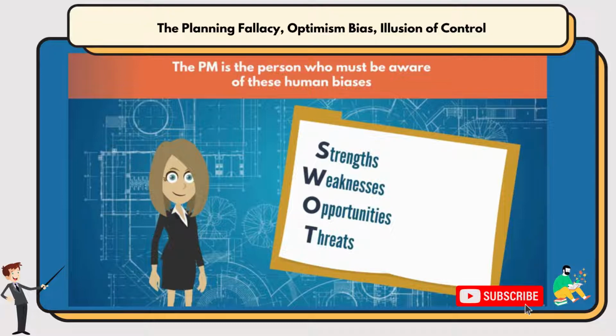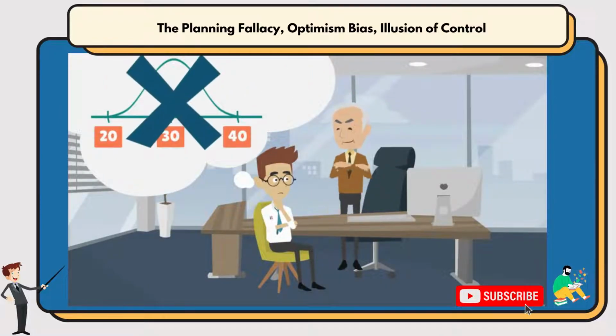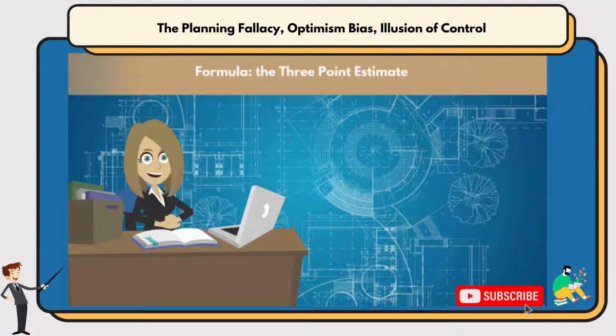In conclusion, estimation takes a lot of deliberate thought and information. It's nowhere near as simple as Jimmy's first guess, right? Oh, and one last thing. If the project manager is really stuck, they can use the following formula: the 3-point estimate. But remember, a project manager should rely on their skills and experience first.